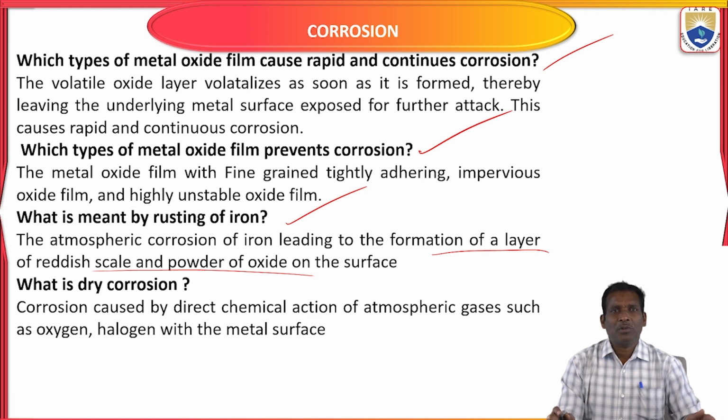What is dry corrosion? The corrosion caused by direct chemical action of atmospheric gases such as oxygen and halogen with the metal surface. So that is known as dry corrosion.